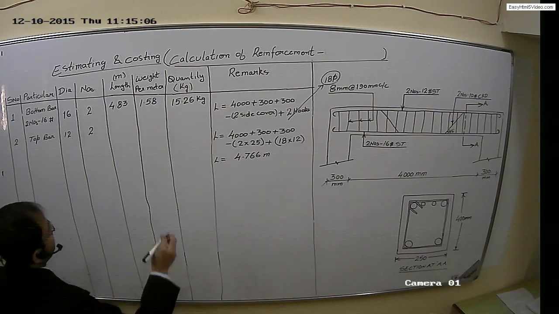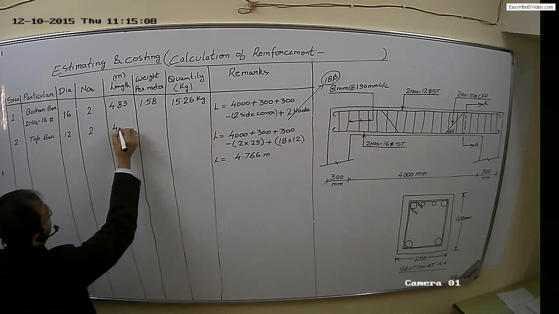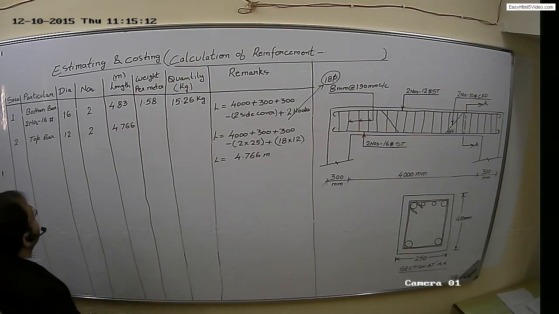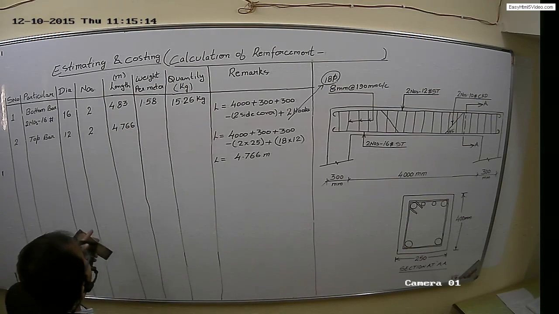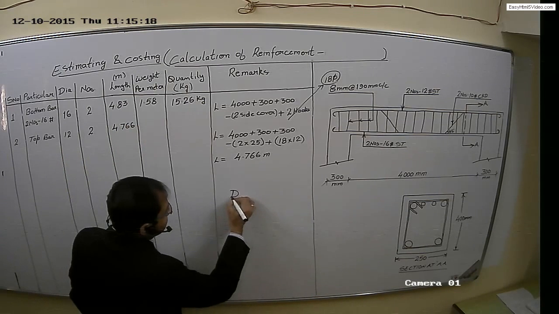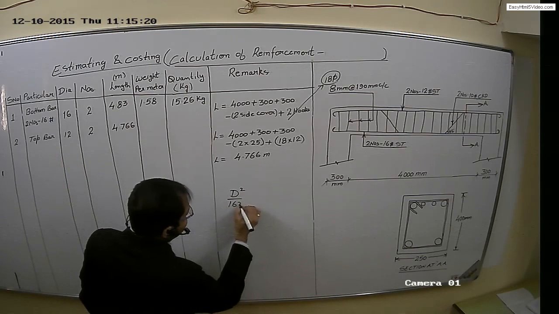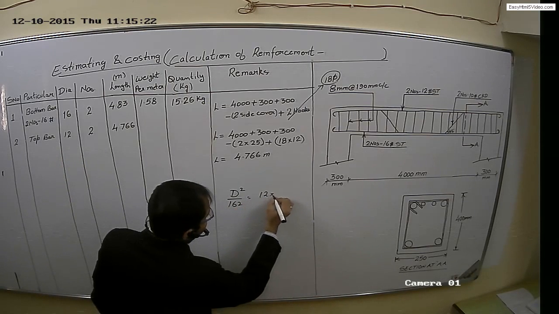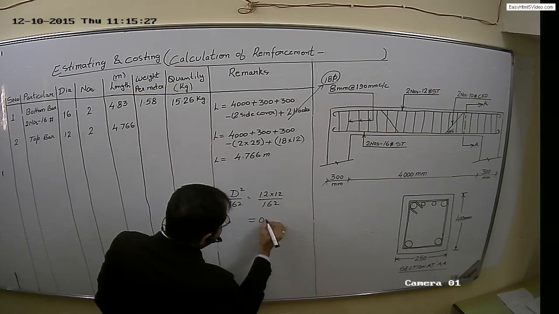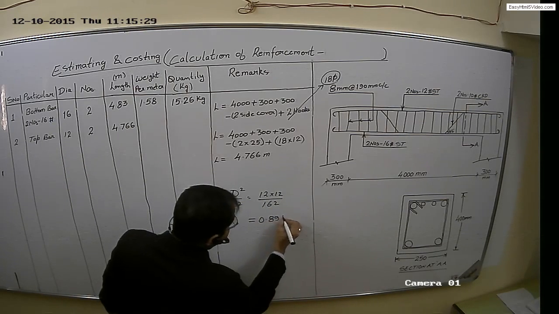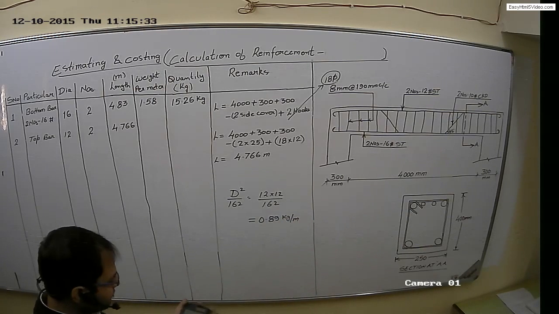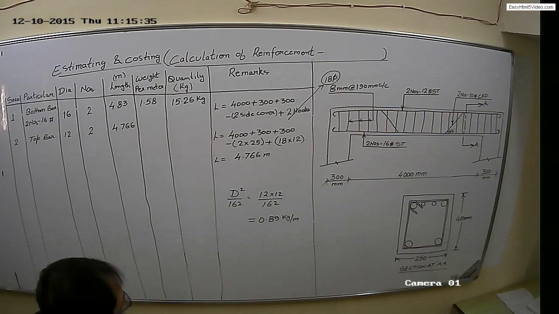So this time you have to write here 4.766 meter. Again, the weight per meter can be calculated for 12 mm dia by a simple formula, which is d square divided by 162, means 12 into 12 divided by 162, you will get 0.89 kg per meter. Right?